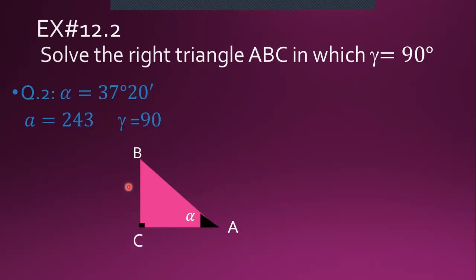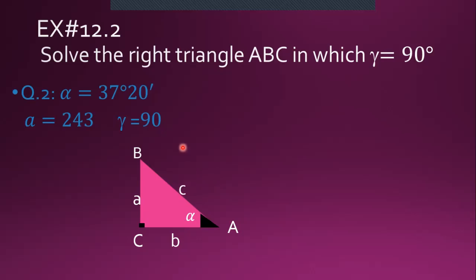And now we need to look at the sides. How to represent the sides? The side opposite to angle A is named small a. So this is small a, because this BC is the side opposite to A. Now look at the next one. This small b is for AC, and AC is the side opposite to B. Similarly, the side opposite to C would be represented by small c.